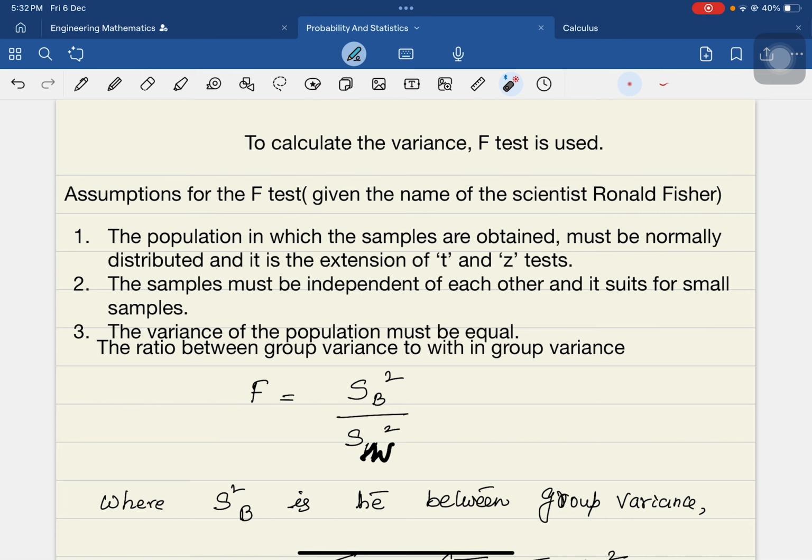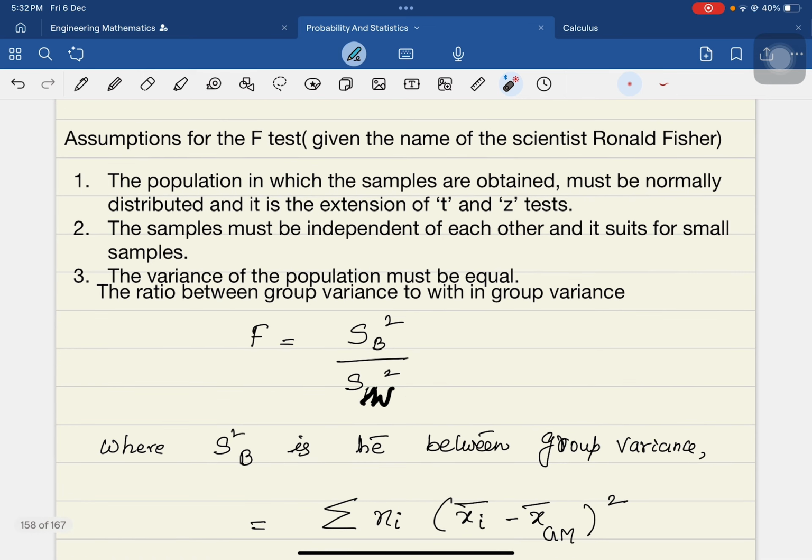Now, as I told you, we will take into consideration the variance between the groups and the variance within the groups. That means SB square stands for the variance between the groups, and SW square stands for the variance within the groups, and we will take the ratio of these two variances.